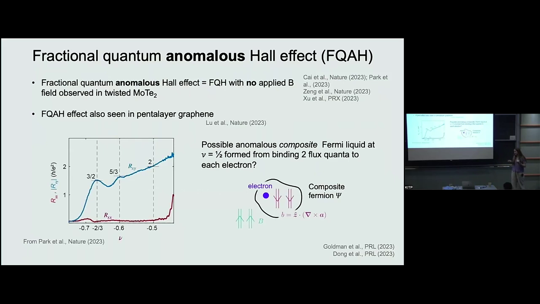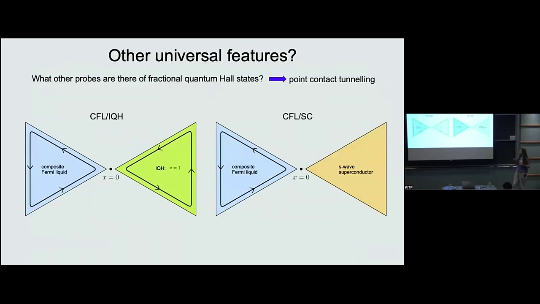In particular, I want to ask, given this new experimental platform, what experiments are feasible now that maybe would have been prohibitively difficult before. And so in particular, I want to talk about universal features that can be determined by looking at tunneling junctions.